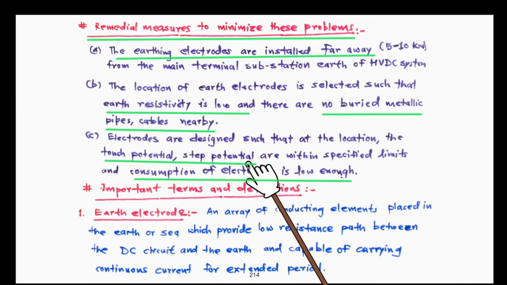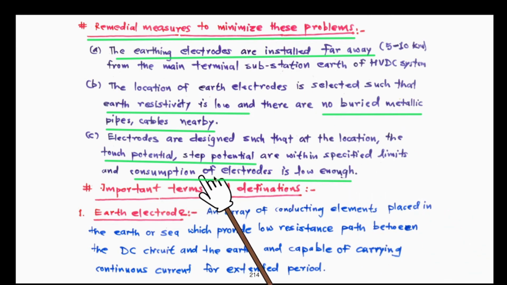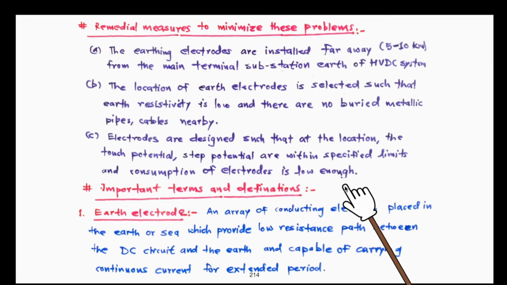While designing the earth electrodes, these points are to be considered at the place of installation and wherever the earth current flows. And the material for the earth electrode should be chosen such that the consumption of electrode is low enough. Generally, graphite is used instead of iron or steel in order to minimize the consumption of earth electrode material, right?